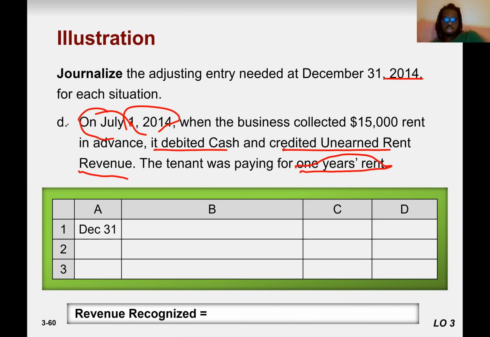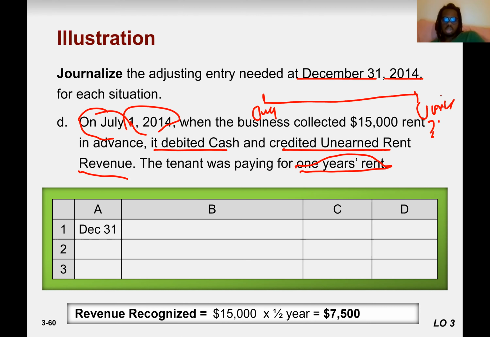You collected on July 1st, and your year is ending on 31st of December. He paid for the whole year, July to June 30, and your December ends here. It means 6 months of rent has now expired on December 31st.